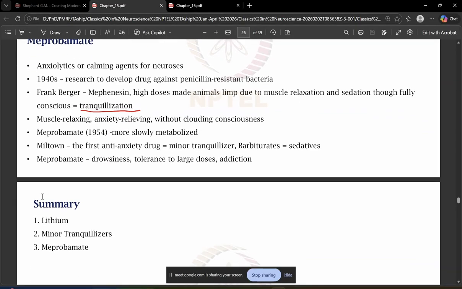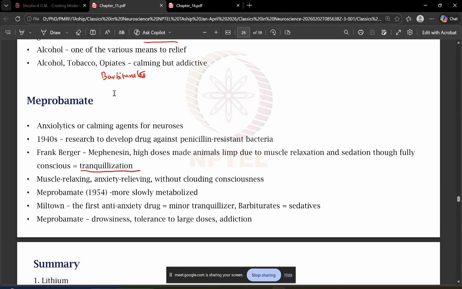But meprobamate failed because of several problems. It did indeed induce drowsiness, although they thought initially that it does not. It caused tolerance in individuals who were taking it, and it led to addiction. So meprobamate fell out of favor.